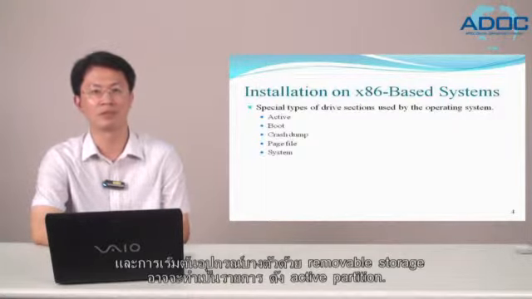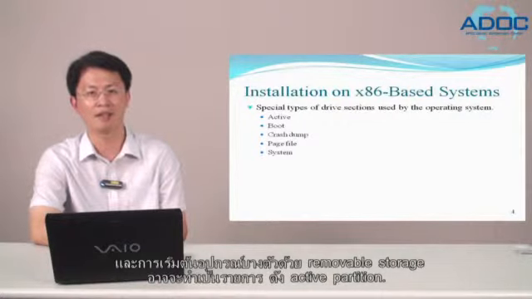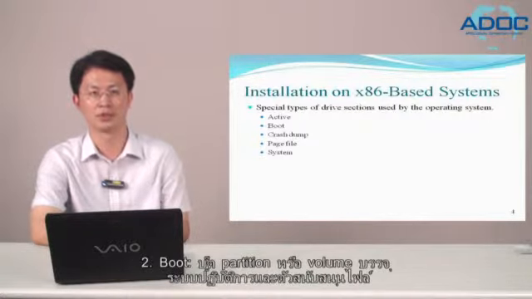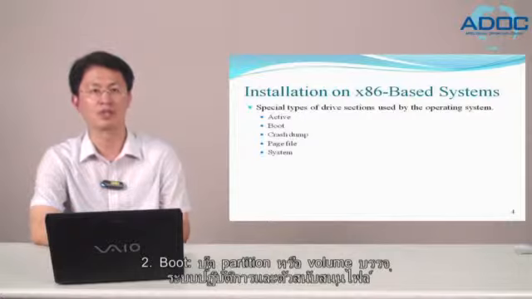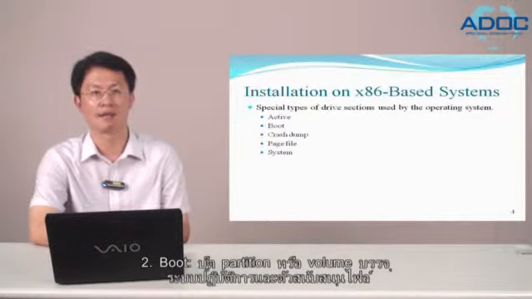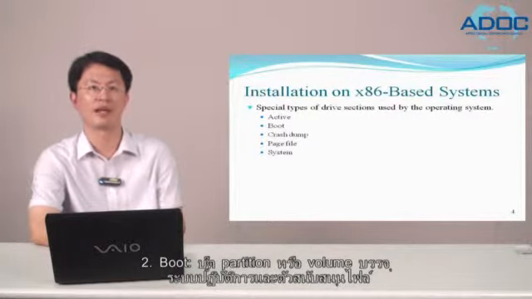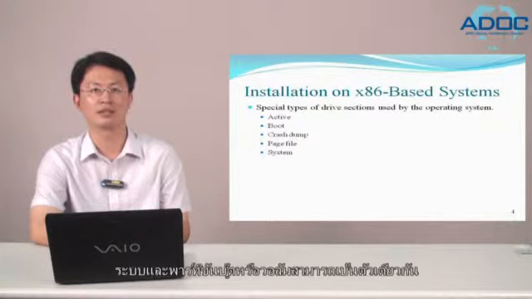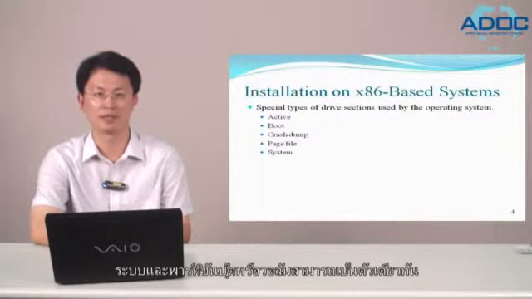Some devices with removable storage may be listed as having an active partition. Second, boot. The boot partition or volume contains the operating system and its support files. The system and the boot partitions or volumes can be the same.